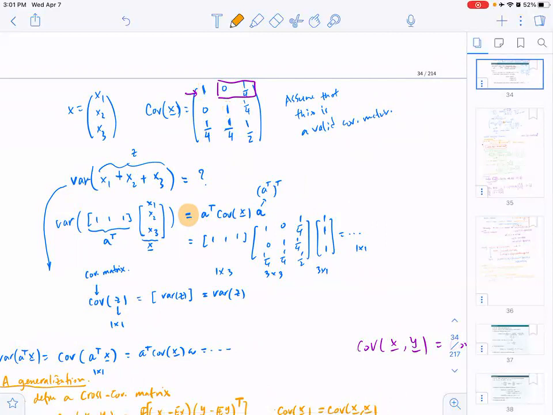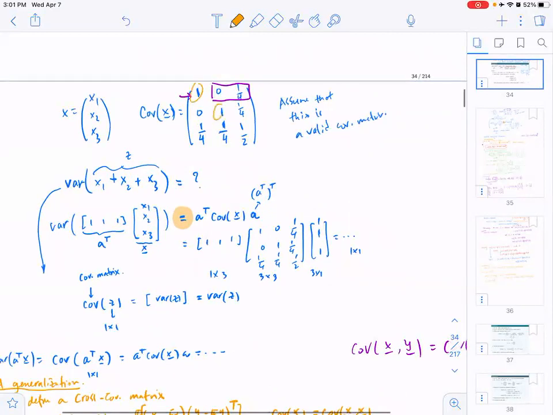So there are 7 principal submatrices: this, this, this, and then the whole matrix. If the determinants of all of them are non-negative, then the matrix is positive semi-definite.